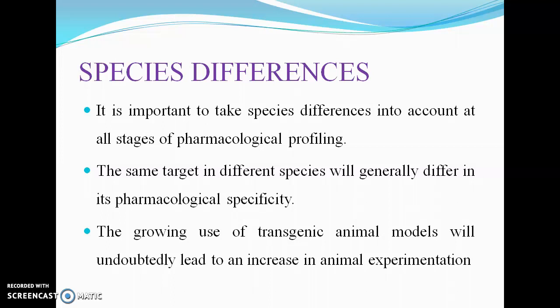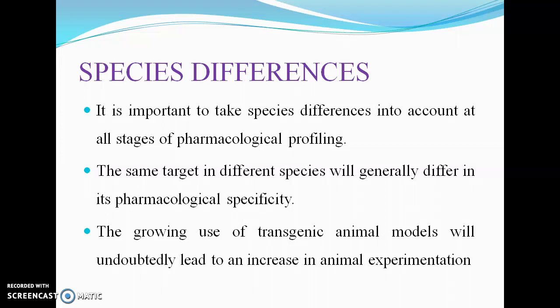Another possibility is getting transgenic animals. The advantage of transgenic animals is that they have the defects of the disease from birth, so they show responses similar to the physiological disturbances in the human body.